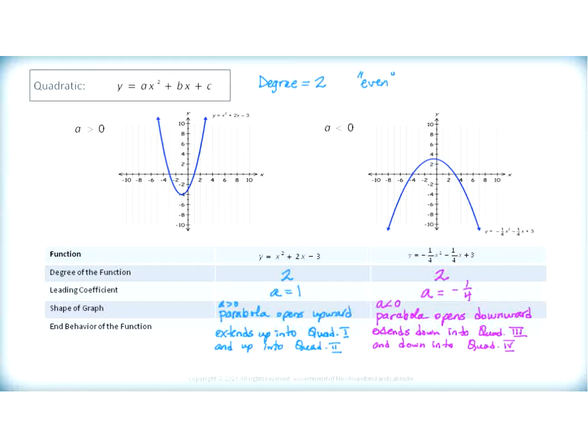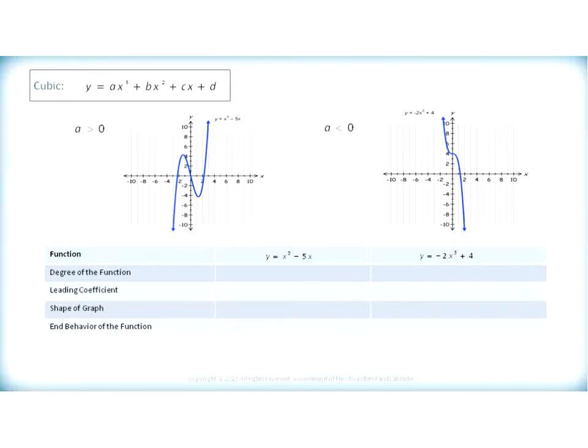Let's continue with the cubic function. A cubic function is of the form y equals ax cubed plus bx squared plus cx plus d. The highest power of x in the function is 3. So we say that the cubic function is of degree 3, which is again an odd integer. So the cubic polynomial is of odd degree.